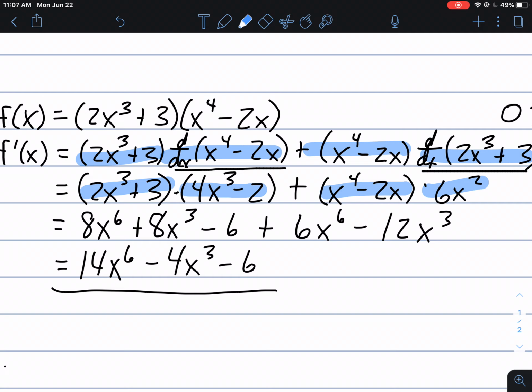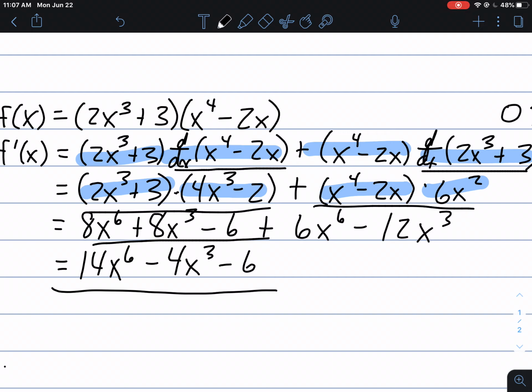I've got a product up here in the front and a product in the back. This is not a factored form of that polynomial, so what I chose to do in this case was go ahead and multiply all this out. I used the FOIL method up front, and I've got 8x to the 6 plus 8x cubed minus 6 if I FOIL those two binomials.